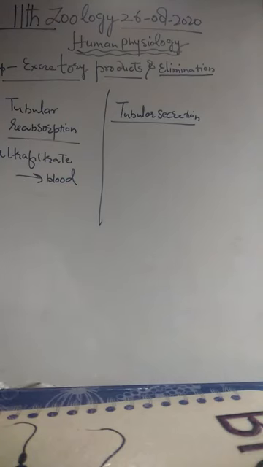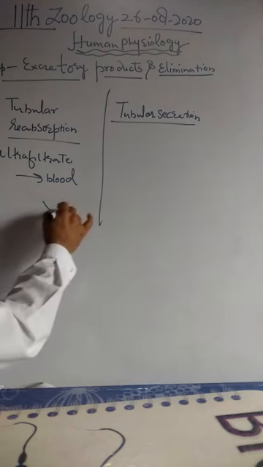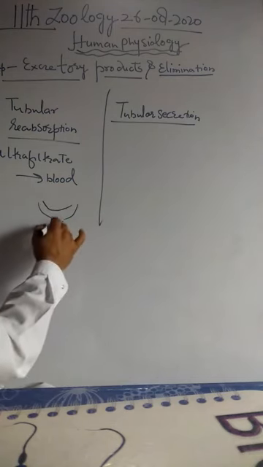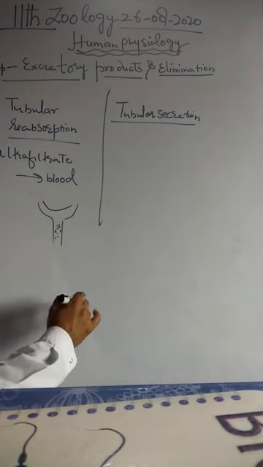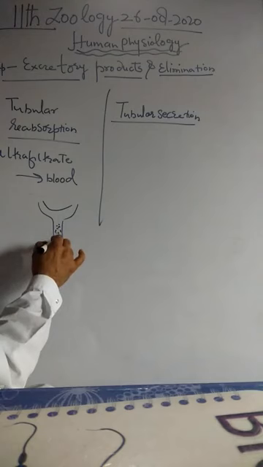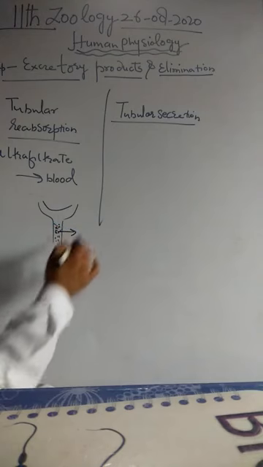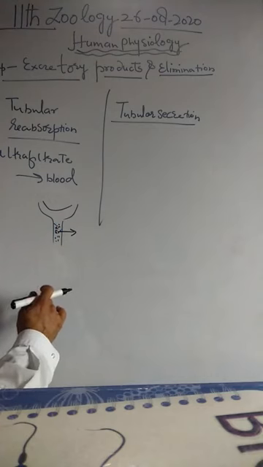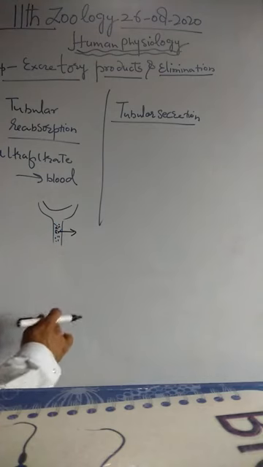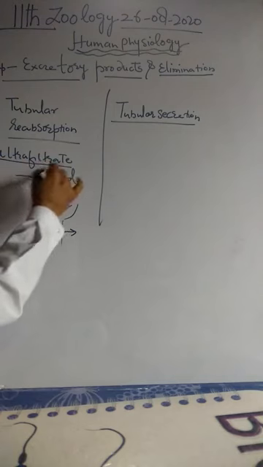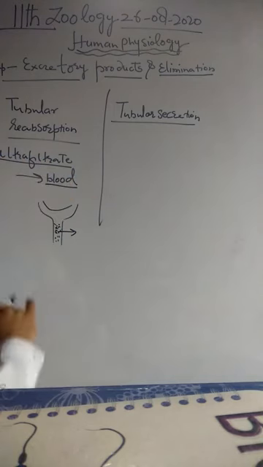It means that the ultrafiltrate which is produced in the glomerulus and later on put to the loop of Henle, that's called the ultrafiltrate. This ultrafiltrate has some selected substances which are very needed in the blood. They flow again into the bloodstream and go to the body. That is why this reabsorption, putting of these substances from the ultrafiltrate into the blood.